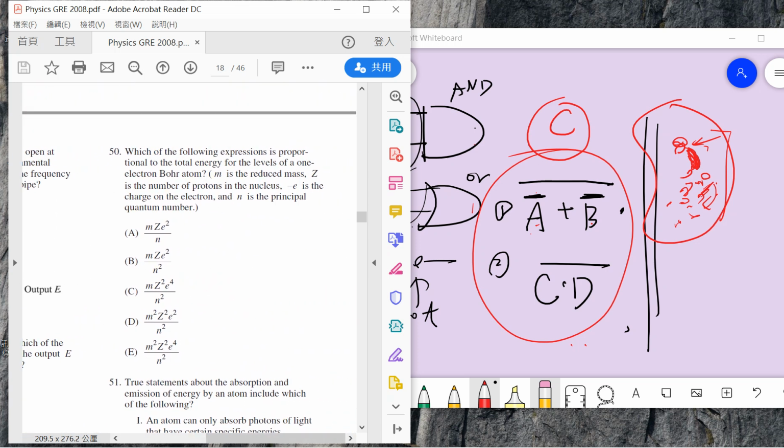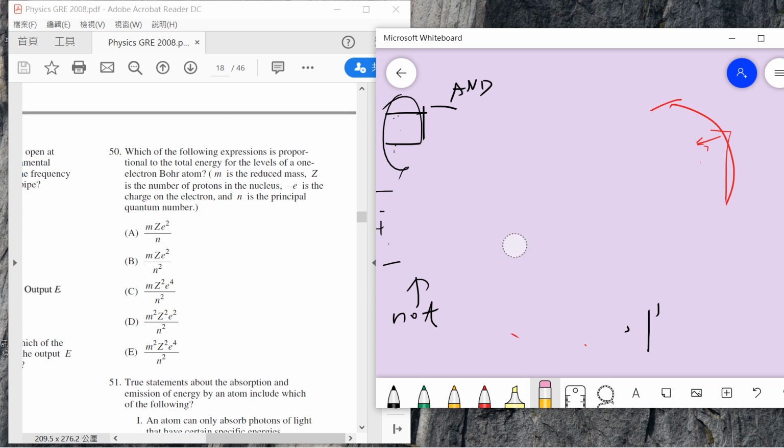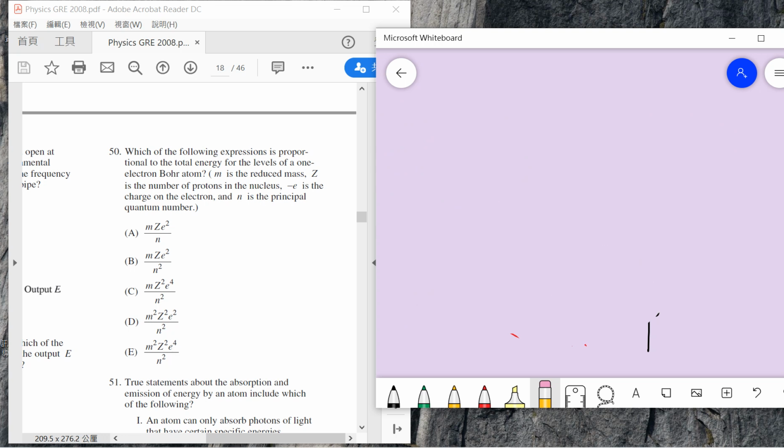Okay, 50. Which of the following expressions is proportional to the total energy in the Bohr model? And what's the answer? Usually for the Bohr model, if you really forget, you need to solve it from scratch. But usually we don't need to do this because we only need to know the factors involved.